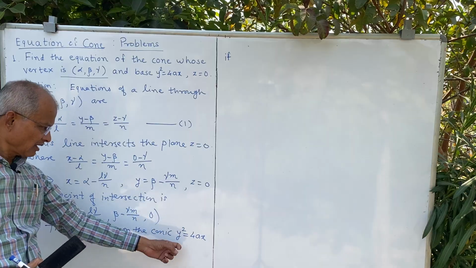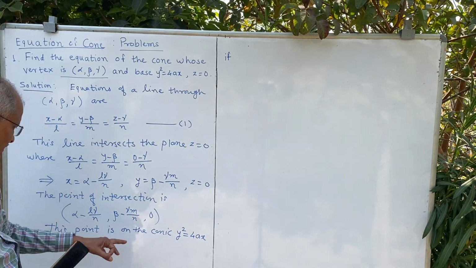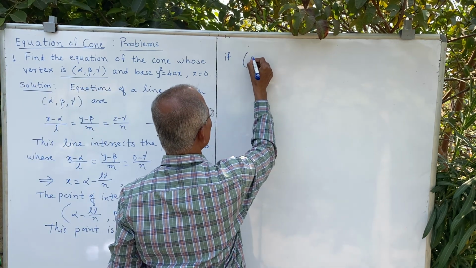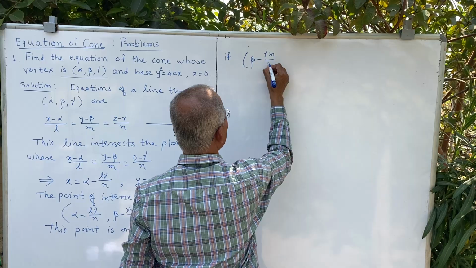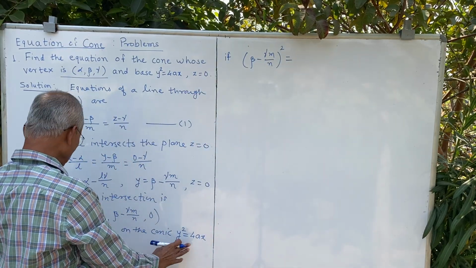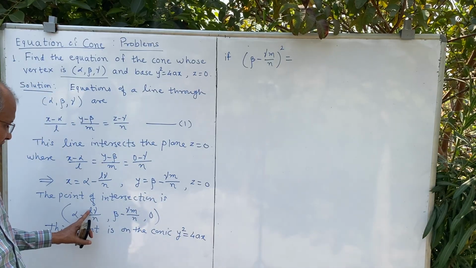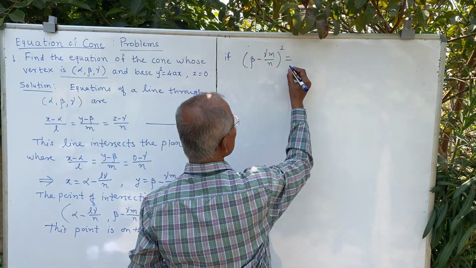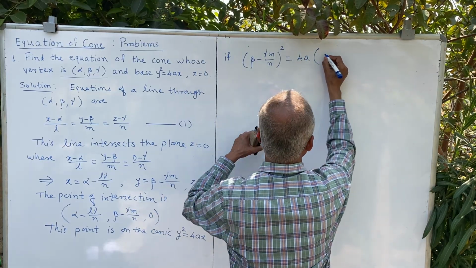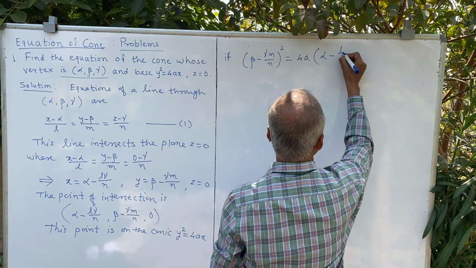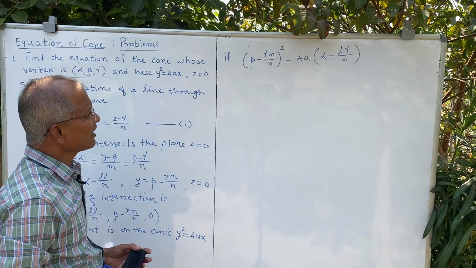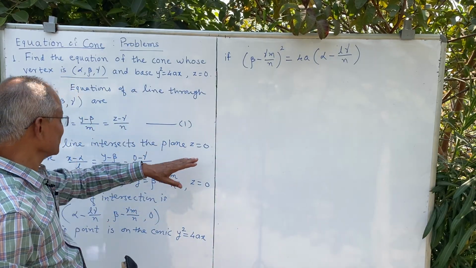Therefore y square, where y is (beta minus gamma M divided by N) whole square, is equal to 4a into x, where x is alpha minus L gamma divided by N, that is 4a into bracket alpha minus L into gamma divided by N. Now we eliminate L, M, N between this equation and equation 1.